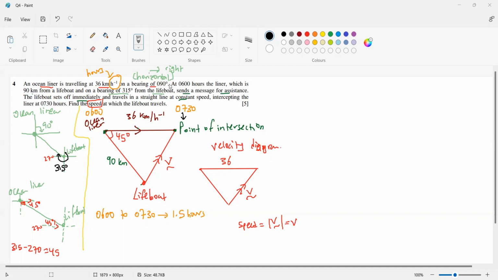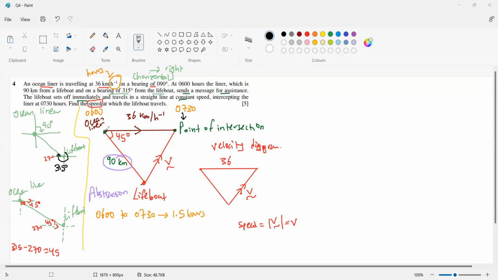So what is this line? This is why maths and physics link together, which is a concept of abstraction. Abstraction means sometimes we label a diagram with something that didn't happen in reality. In this instance, that will be represented by this 90 km per hour. Imagine the ocean liner did not move.